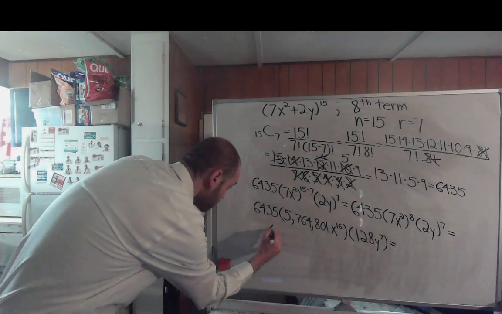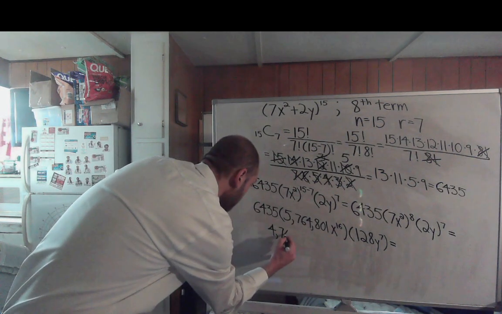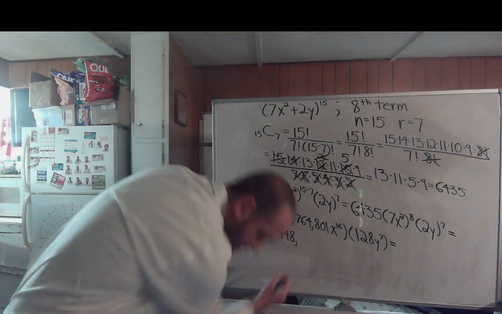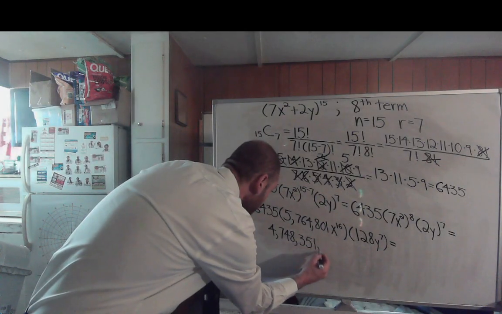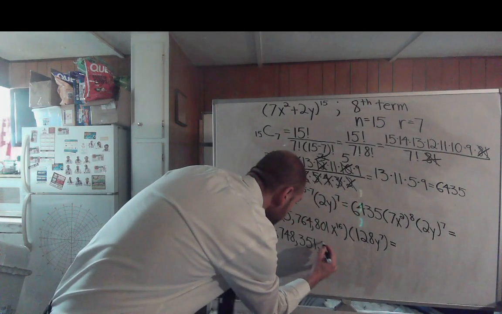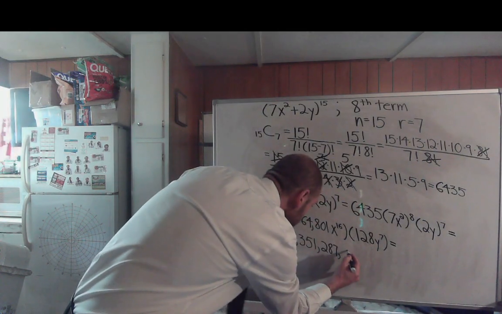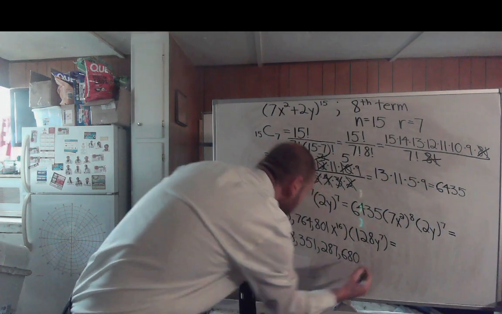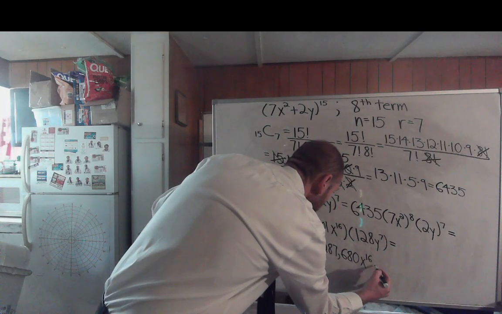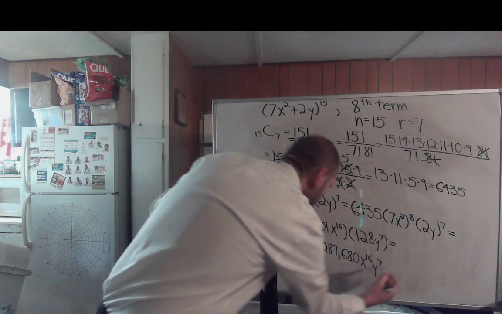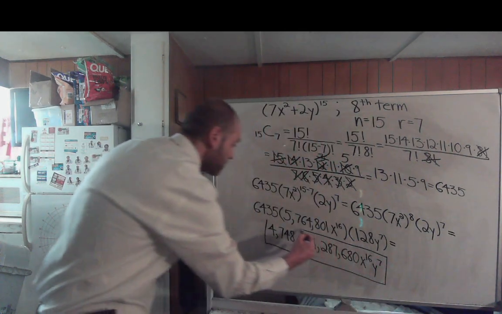We get 4,351,287,680 x to the 16th y to the 7th. That would be your entire 8th term.